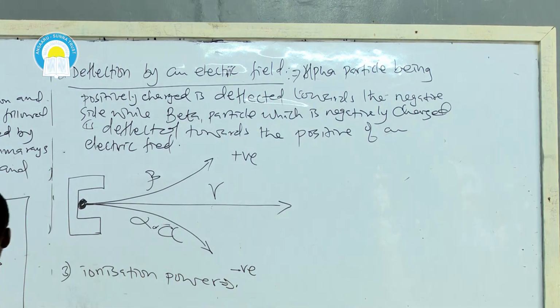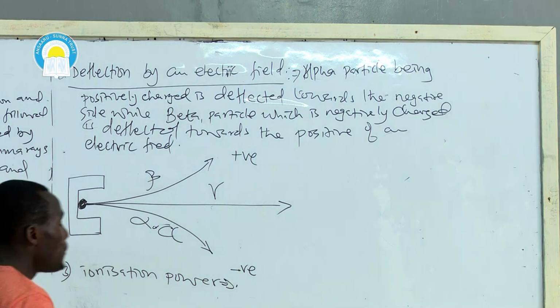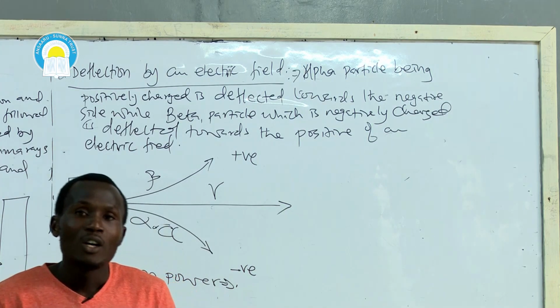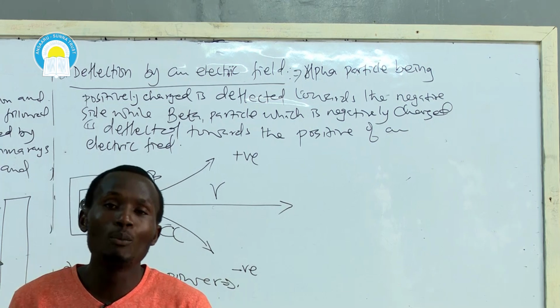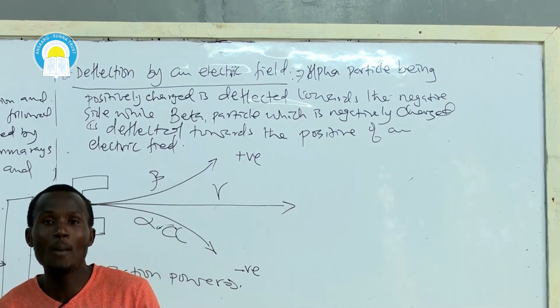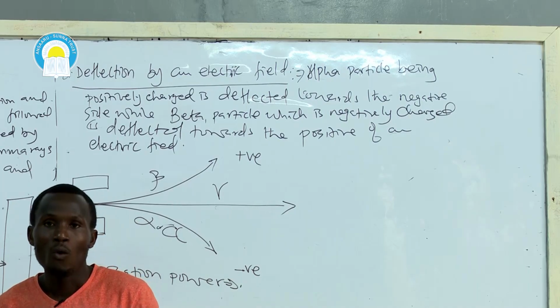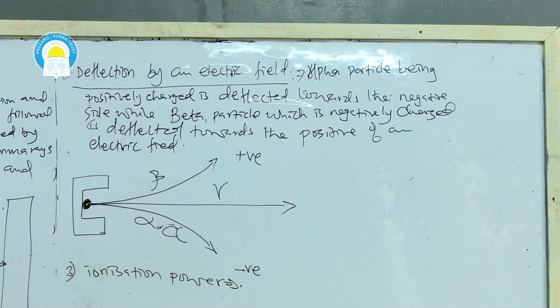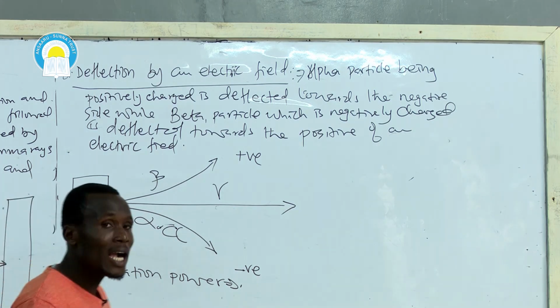So we have an alpha particle being the heaviest and slowest in terms of movement. It will have more time to ionize, or to form ions in the air when targeting the object, followed by the beta particle, and lastly we have gamma rays.